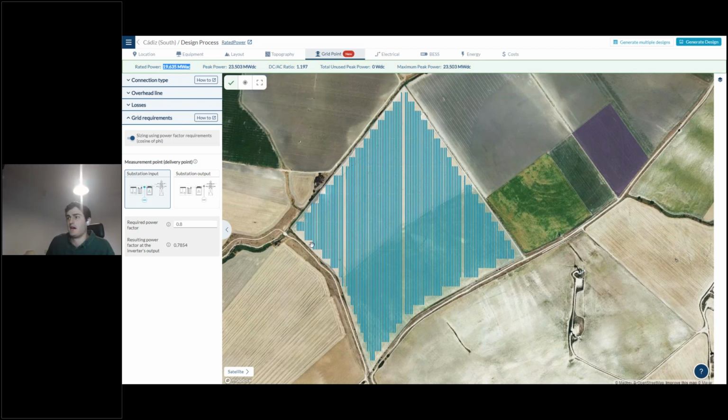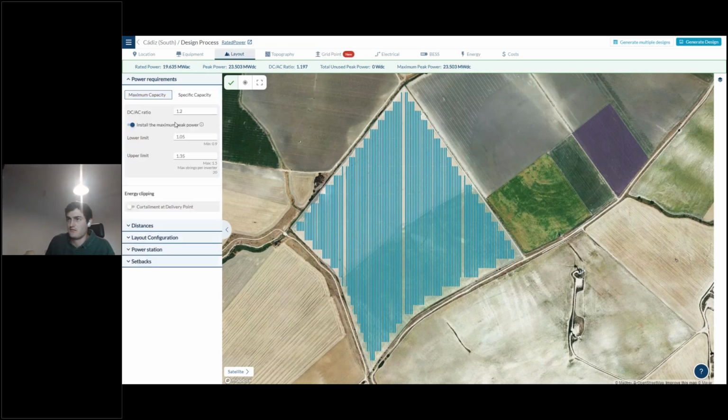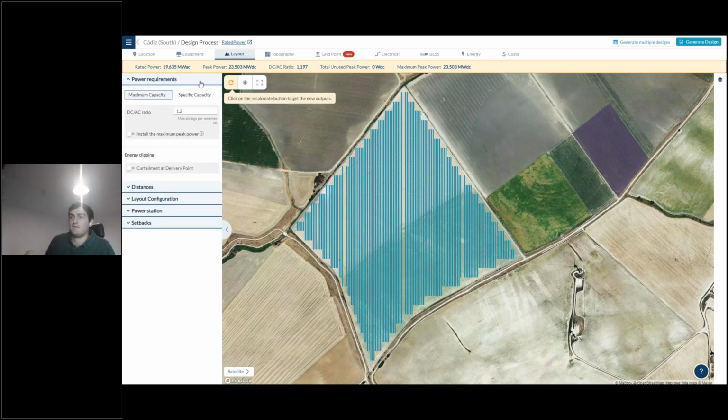And now it's the same, but we have a different DC ratio. The DC ratio is related to the inverter. The active power is the same, but the number of inverters that we will be installing will be increased, so that the inverters could take into account the reactive requirements that the grid has, and this way we wouldn't need any extra equipment to face the reactive requirements.